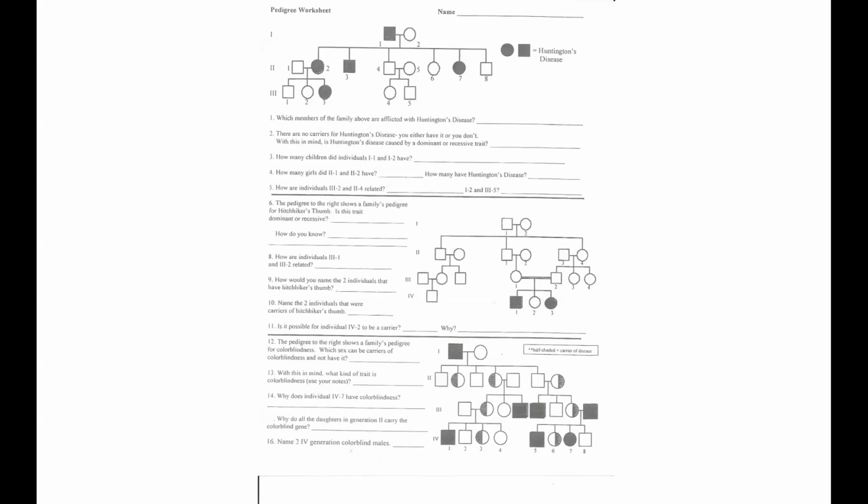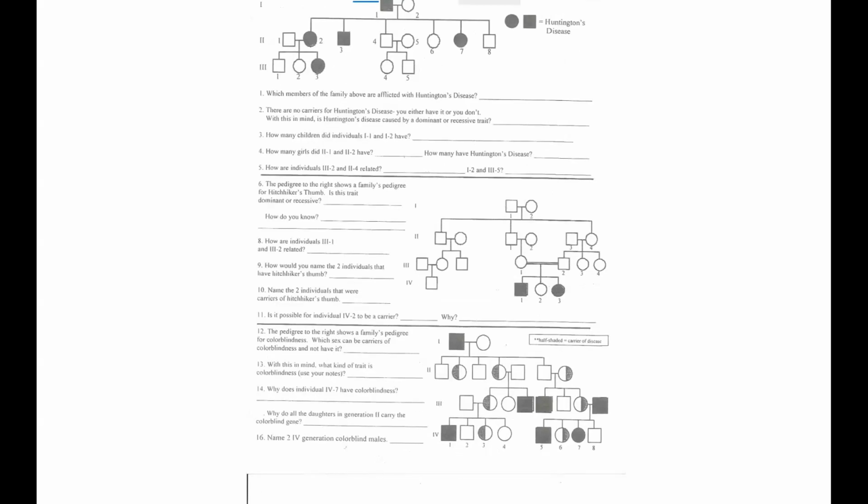So question number 1 is, which members of the family above are afflicted with Huntington's disease? Okay, so Huntington's disease, it shows you right over here that the people that are affected are the shaded people. Looking at everybody who is affected, the first generation, the male, basically the grandfather, is I-1, Roman numeral 1.